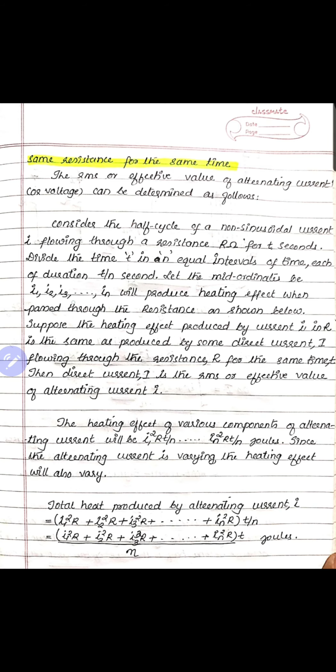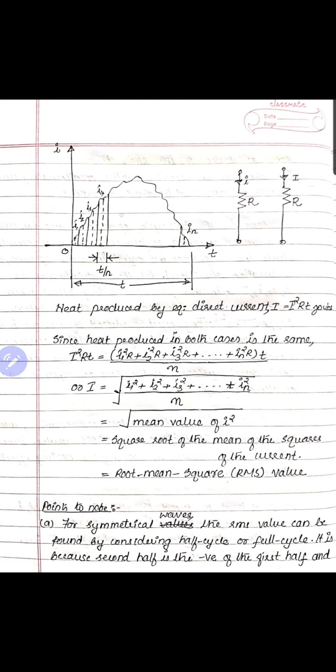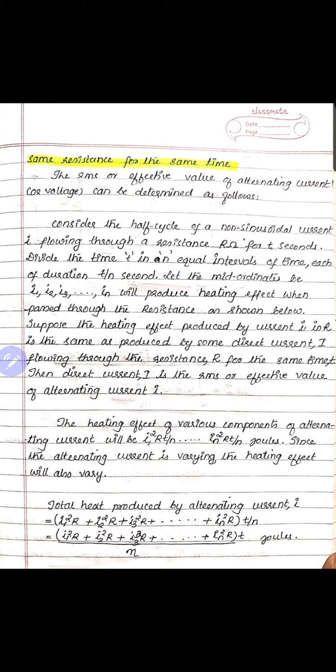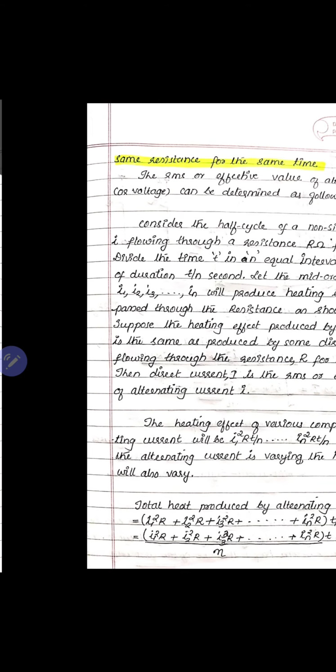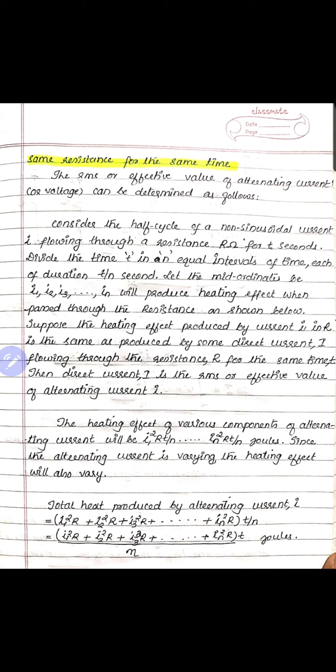Let the mid ordinates I1, I2, I3 up to In produce a heating effect when passed through the resistance as shown below. Suppose the heating effect produced by the current is the same as produced by some direct current I flowing through the resistance R for the same time, then the direct current I is the RMS or effective value of the current.